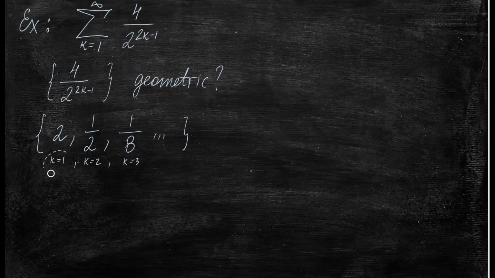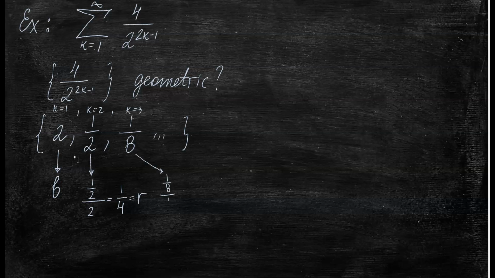So if you suspect some sequence to be geometric and you can plug in a few values, then the first term that you'll see clearly is your b. Now take the second term, which is 1/2, and divide by the first term to produce the common ratio. The ratio will be the same regardless of which two consecutive terms you take. It's always going to be the same.